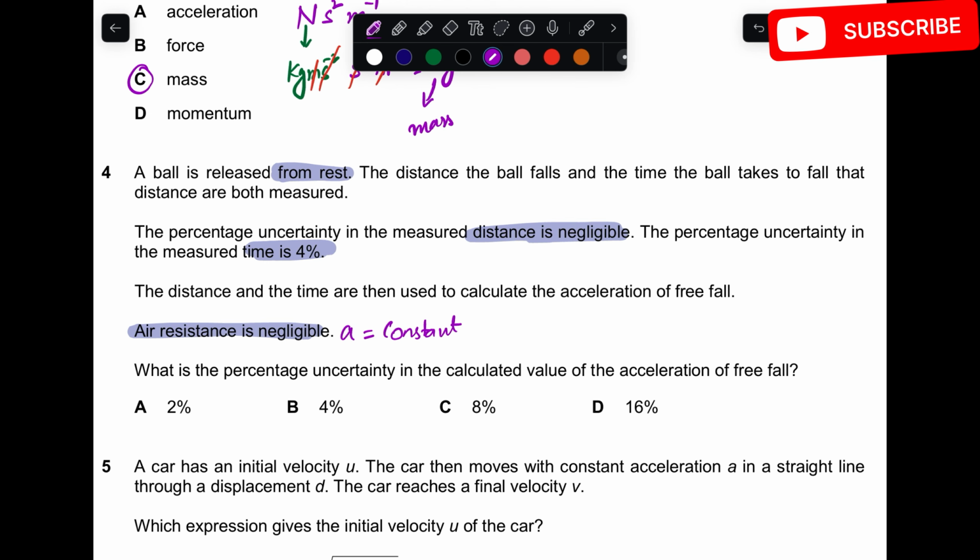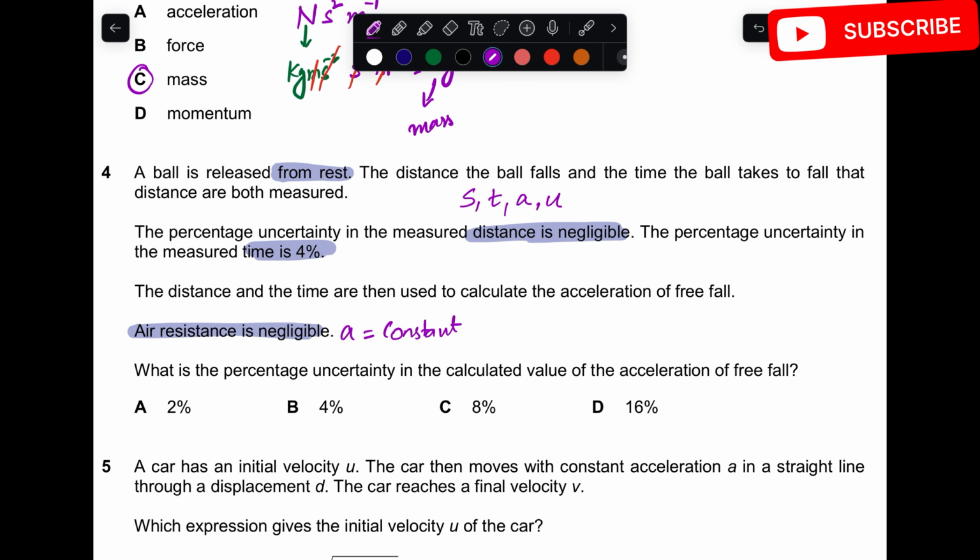Okay, so if you remember, to find the free fall acceleration, you can use equation of motion, because acceleration is constant. So what we have: distance s, time is also involved in this, and acceleration is also involved, and initial velocity is also involved.